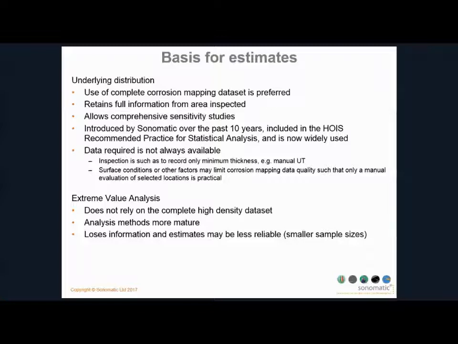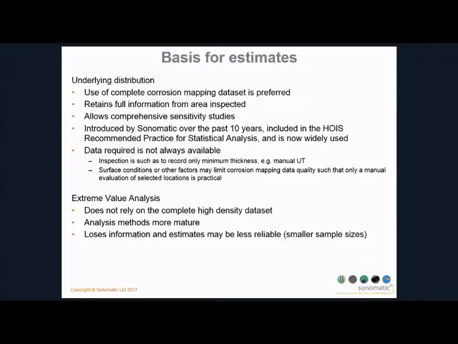The data that you need to use the full distribution isn't always available, obviously. There are cases where the inspection was such as to only record the minimum thickness. So, for example, if you were doing manual ultrasonics, you would only have the minimum thickness from grids and not a full data set.